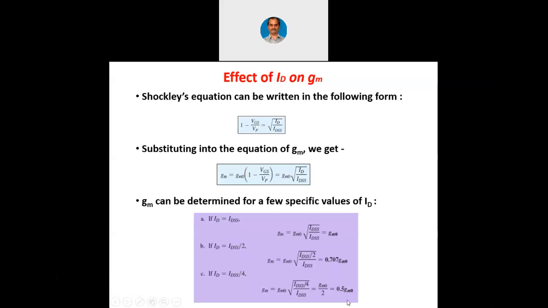We had already plotted the curve of GM0 versus VGS and we had got a straight line there, which means that here also when ID is IDSS by 4, that is corresponding to VGS itself, right? Because GM and VGS are directly proportional. That is how we got a straight line there. So it is obvious that when ID equals IDSS by 4, we get GM equals 0.5 GM0, just like we had got there 0.5 VGS, or VGS equals 0.5 VP.